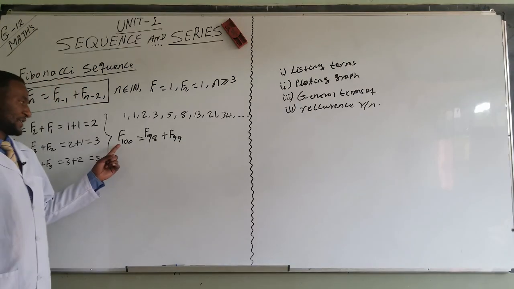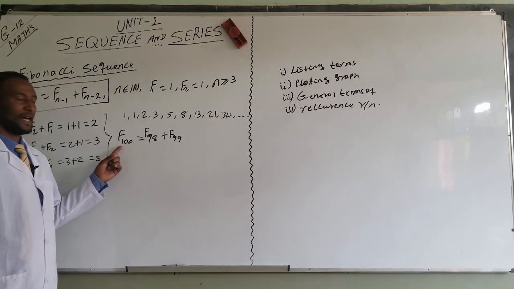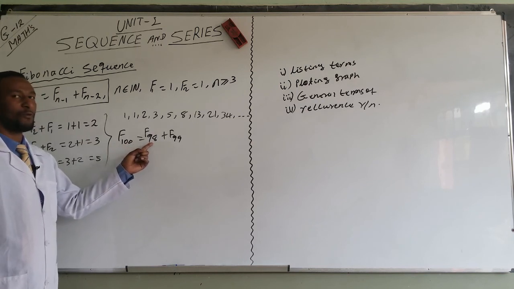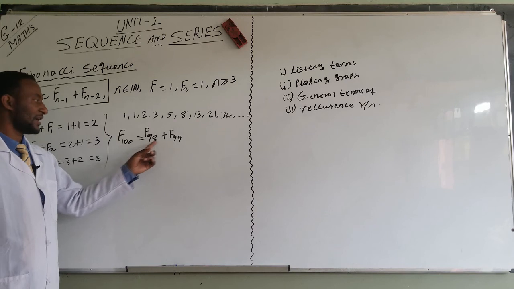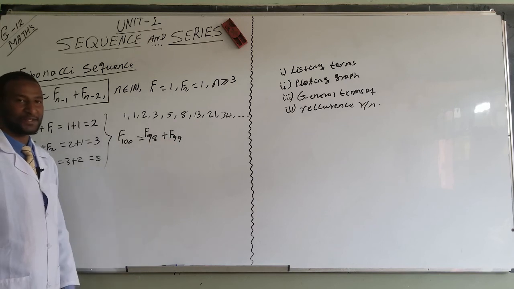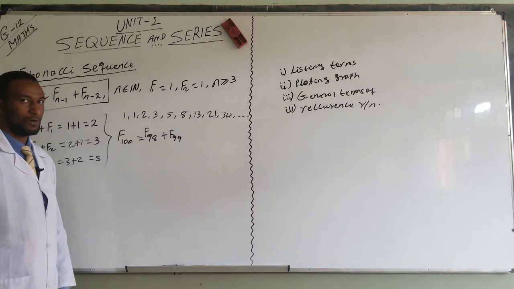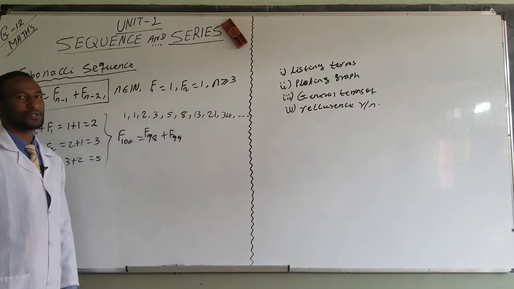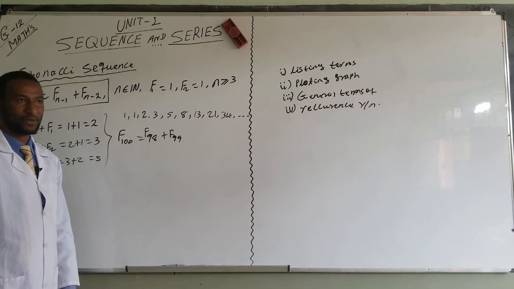Therefore, to find f of 100, we have to know f of 98 and f of 99. Therefore, we have to list all terms of this Fibonacci sequence.